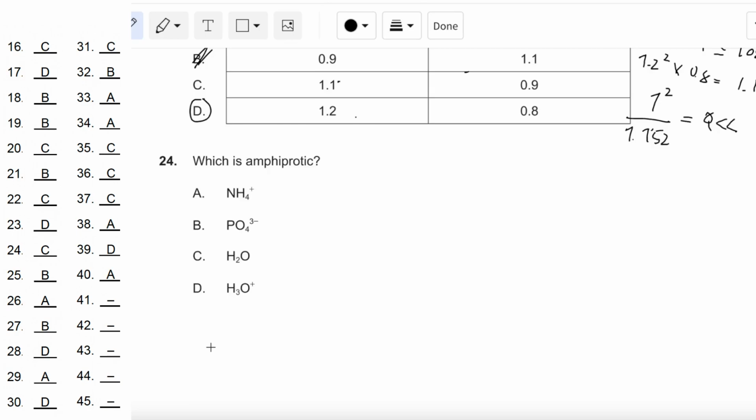What about PO4 3-? Also not able to gain extra protons, as well as H3O+. So C will be the answer, H2O, because if H2O gains a proton, it will be H3O+, and if it loses a proton, it will be OH-. The answer here will be C.